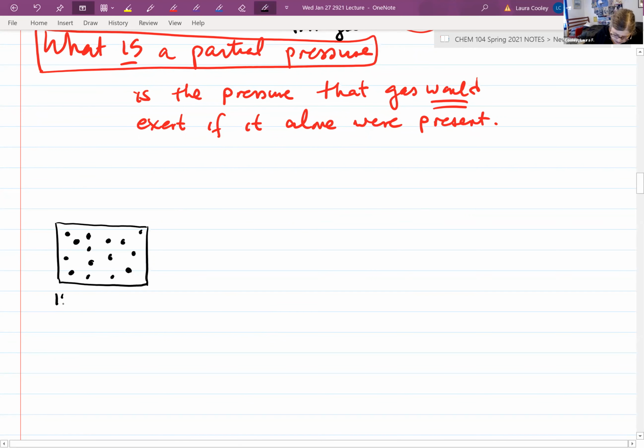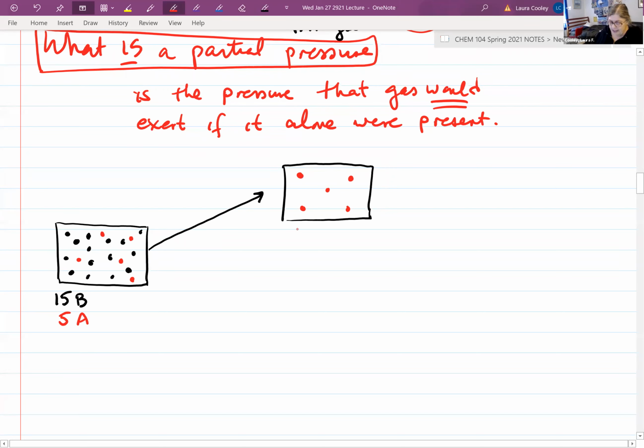But anyway, I have 15 molecules of B, let's say, and only 5 of A. Now I have the same container, but suppose I've taken out all of the B molecules, so I only have the A molecules.